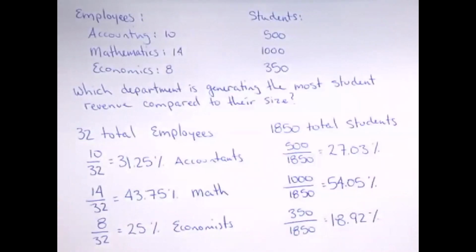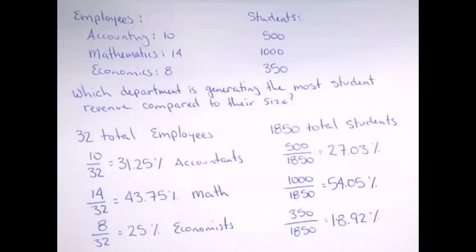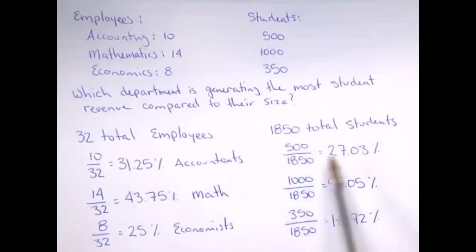So we see here that relative to their size, the mathematicians are overproducing their students. They have 43% of the cost and 54% of the revenue. The accountants are pretty close. They have 31% of the cost and 27% of the revenue. So those are nearly the same number.